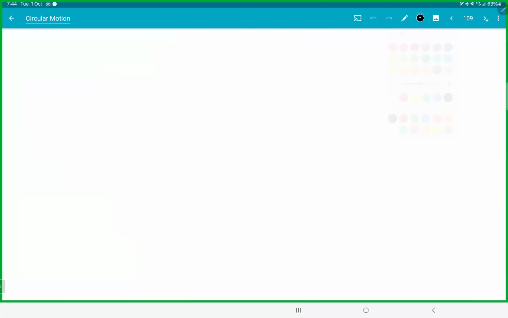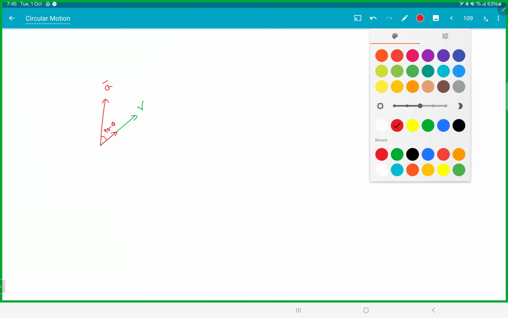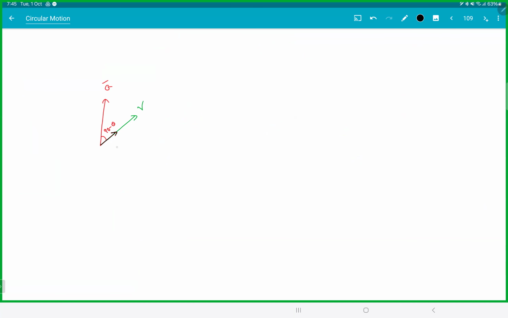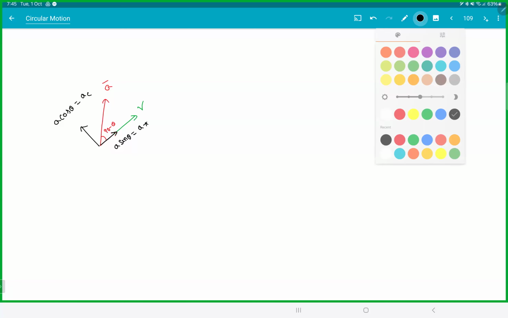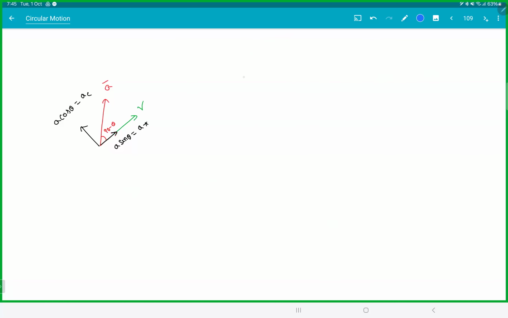So once I got this is your velocity. This was your acceleration, and this was 90 minus theta. So this component would be a cos 90 minus theta, that is a sine theta, which is your a tangential. This is your a cos theta, which is your a centripetal. Tan theta you already calculated to be 2.